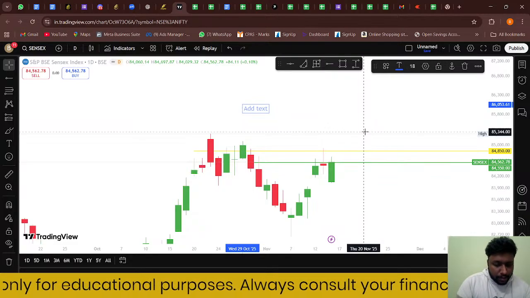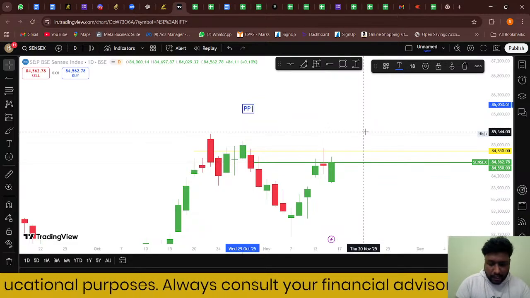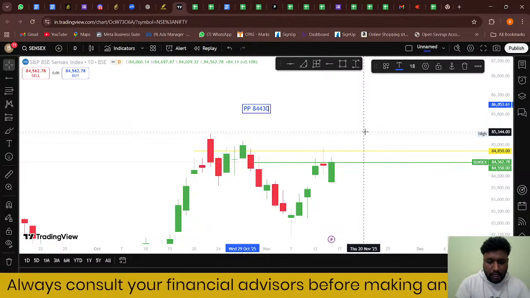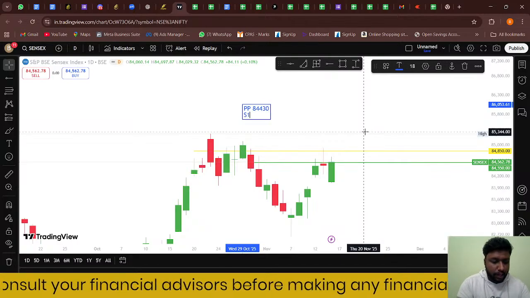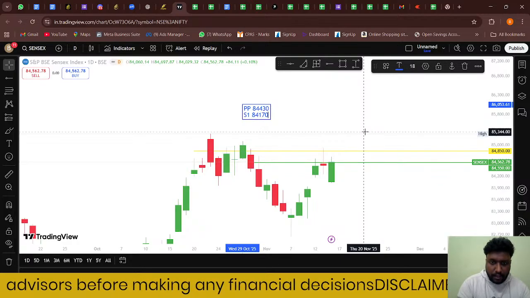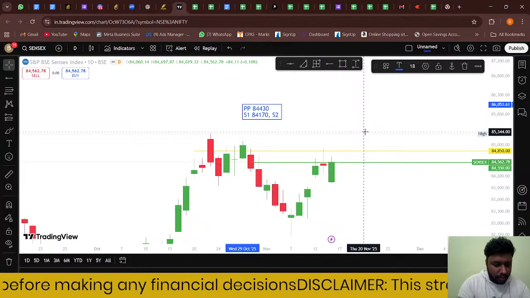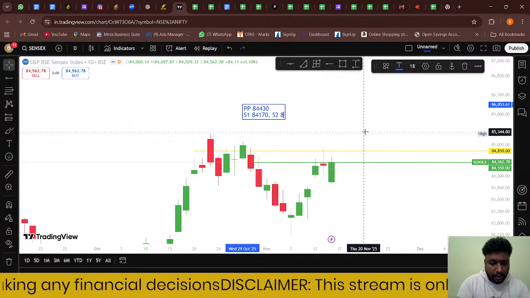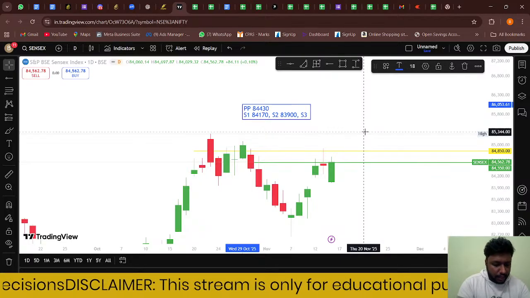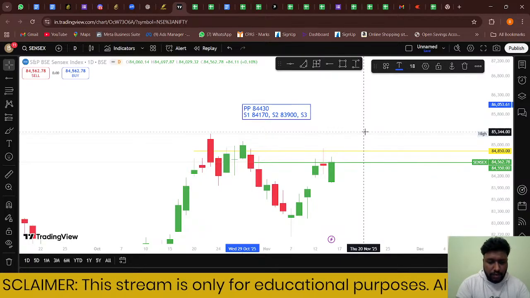So Sensex, the pivot point PP lies at 84,430. 84,430 will be the pivot point, and with respect to that, S1 lies at 84,170, and S2 lies at 83,900, and S3 lies at 83,650.